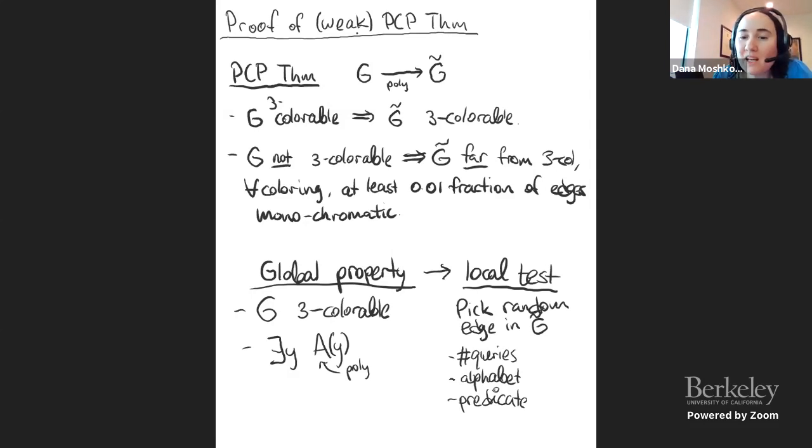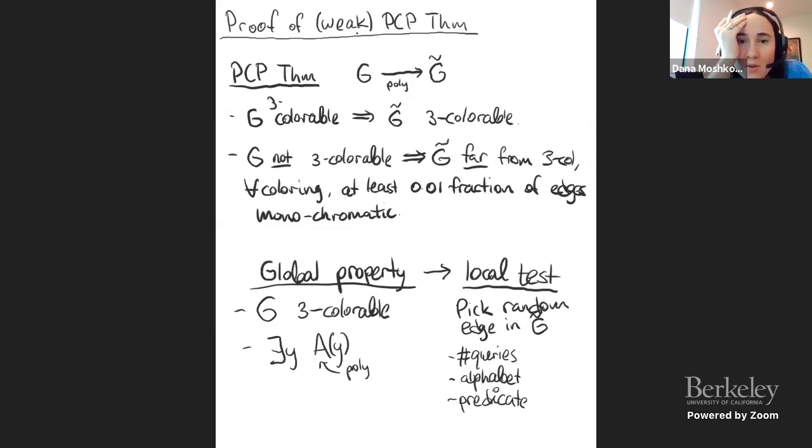If this is epsilon, maybe the alphabet needs to be like 1/epsilon or something, but the predicate needs to be a different predicate than 3-coloring. But you can actually achieve that the error probability is extremely small, even with just 2 queries in the local test.